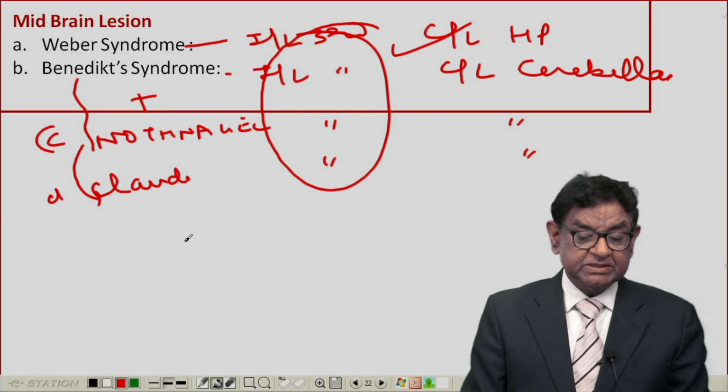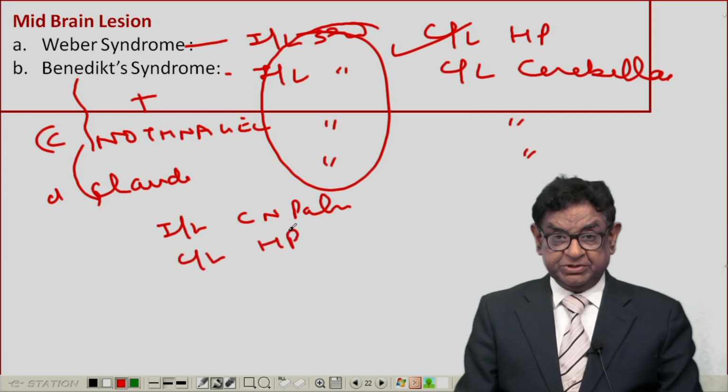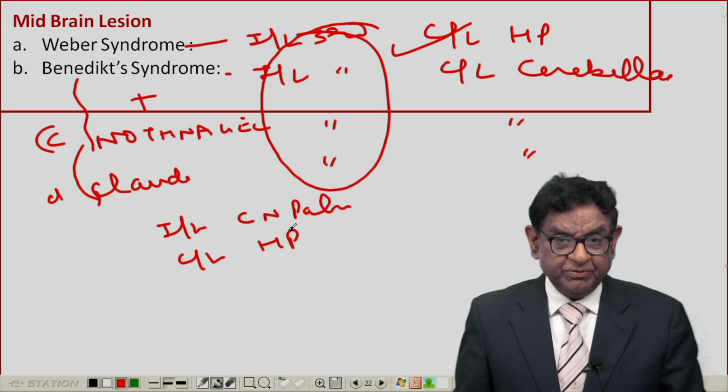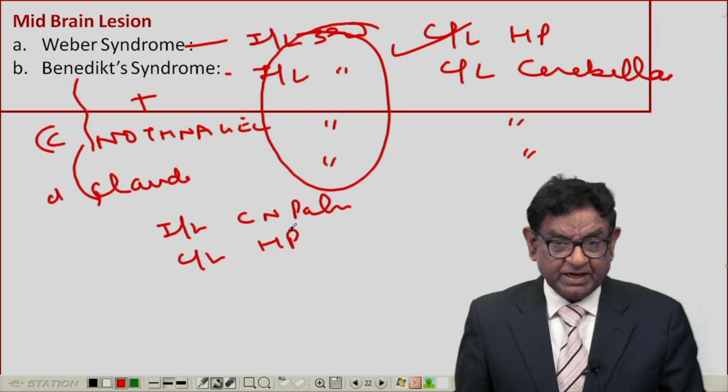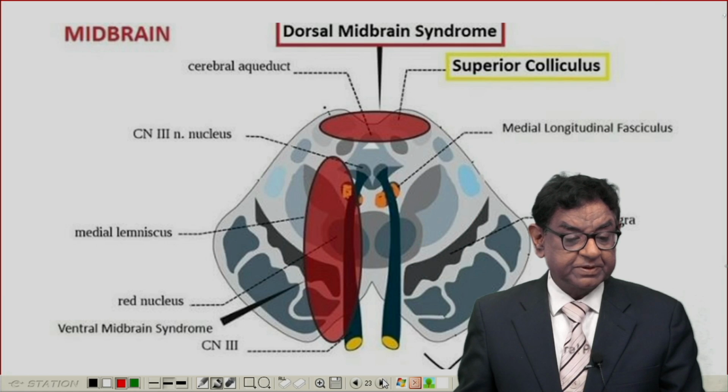In all these three syndromes, we are getting ipsilateral cranial nerve palsy and contralateral hemiplegia. So this point should be very, very clear to you that there are few conditions where we have contralateral hemiplegia with ipsilateral cranial nerve palsy.